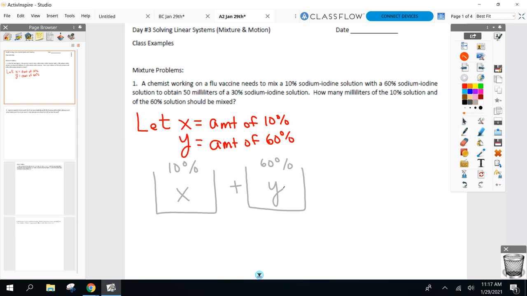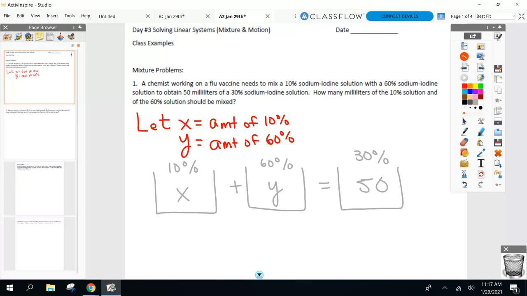All right, mix it together. What do I want at the end? If I mix it together, 70%? No, whoa. No. Read the problem, big dog. Read the problem. 50 milliliters. I need to obtain a 30% solution. So now 30%, but I'm not going to put a variable below because I already know how much I need, which is 50.